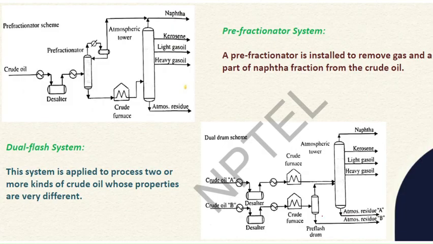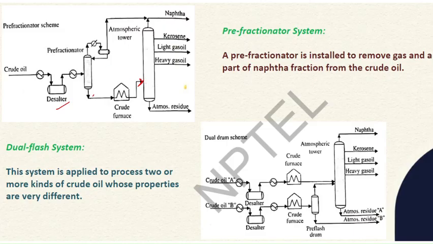Coming to the third part, which is the pre-fractionator. Simply, in this, after the desalter and the heat exchanging, the crude oil is introduced into a pre-fractionator. It's basically a small distillation column where the lower, heavier cuts, after getting heated in the crude furnace, are introduced into our main distillation column.